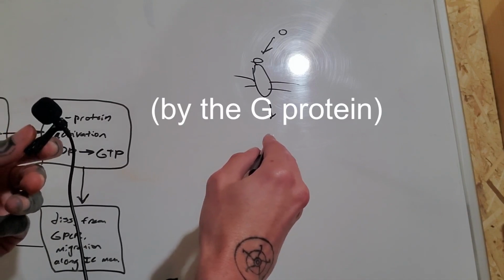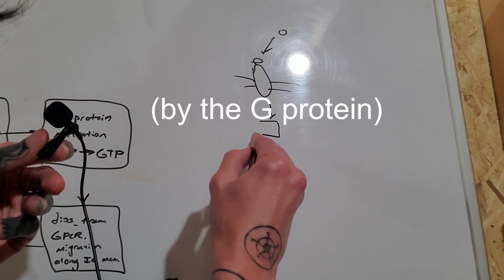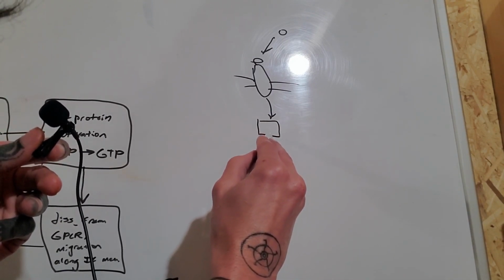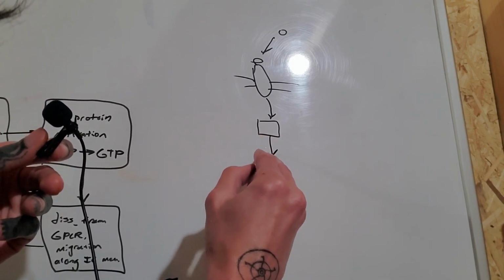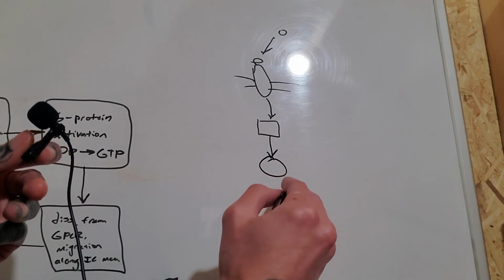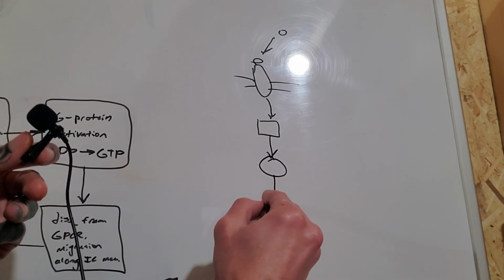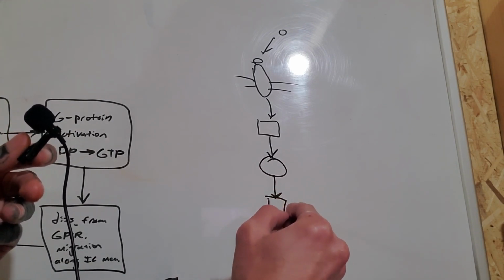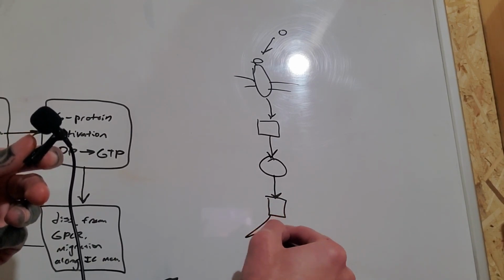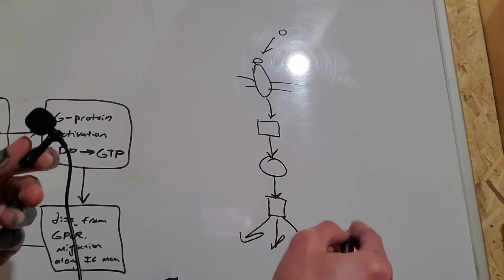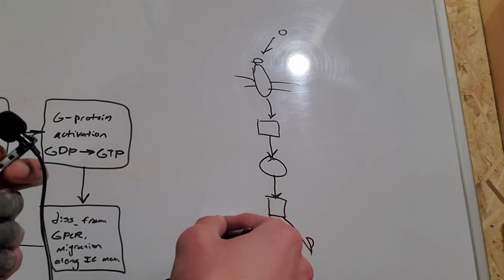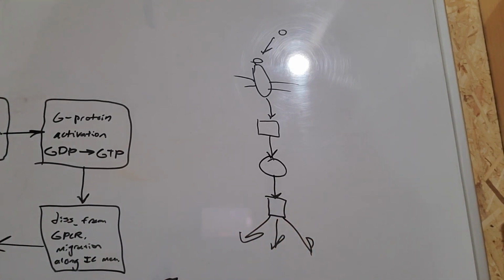This then causes the activation of the primary effector, which in turn synthesizes the secondary messenger, which in turn activates a secondary effector, which in turn elicits more responses. So you can see that this is why it's called a cascade. You have a lot of moving parts. You have a lot of different facets to this process, and there's many different types of signal cascades.